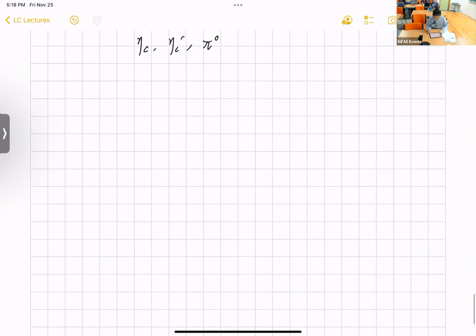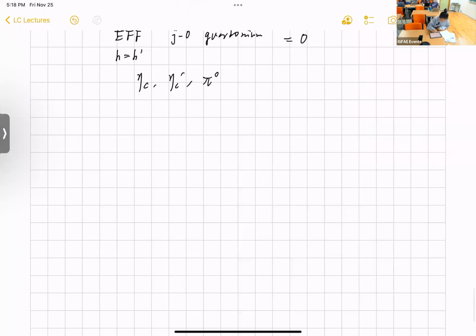Okay, so let's do it now. I call this the light-front wave function representation of the hadron matrix element. Okay. So putting all the pieces together.